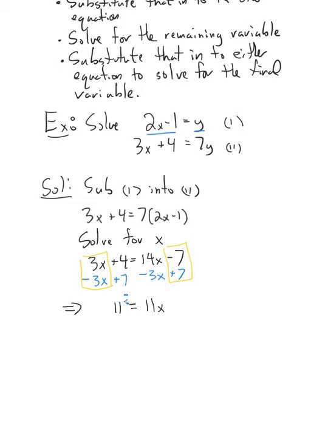Let's divide both sides by 11 to get x by itself. 11 divided by 11 is 1. 11x divided by 11 is 1x, or just x. So I'm halfway there. I have that x equals 1. Great. Now, let's plug that in to either equation. Doesn't matter.